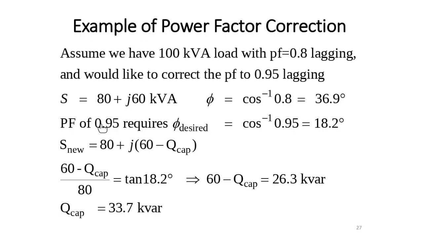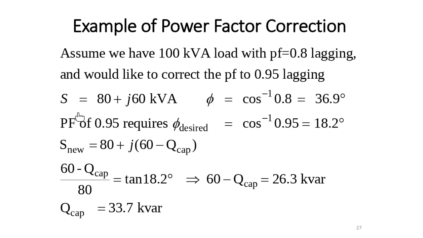All right, so we'd like to correct the power factor to 0.95. As an engineer, you understand we need to correct this reactive power because it will be heavy for the load to deliver the real power. So we need to improve the power factor to 0.95. What does it mean? It means that we reduce the angle.